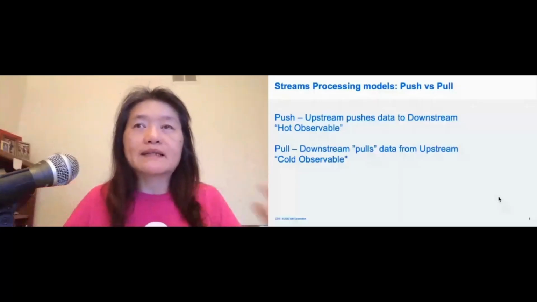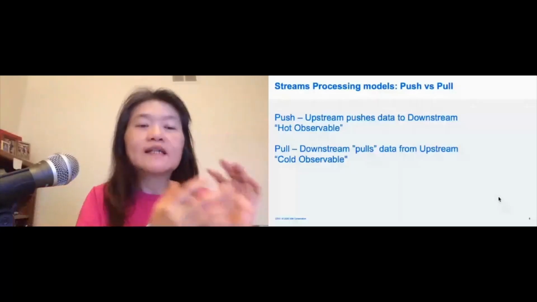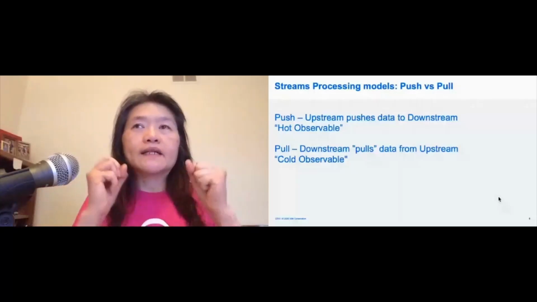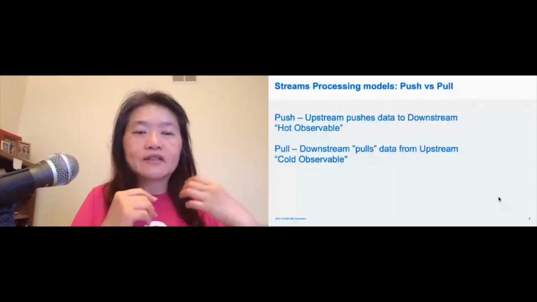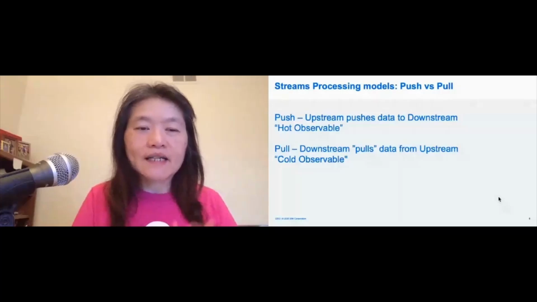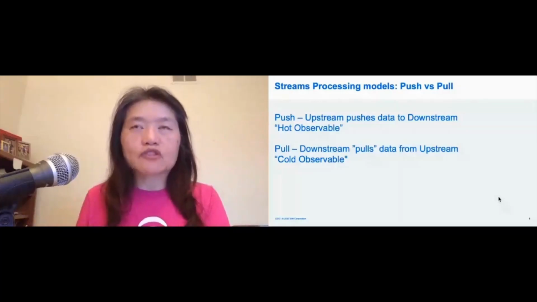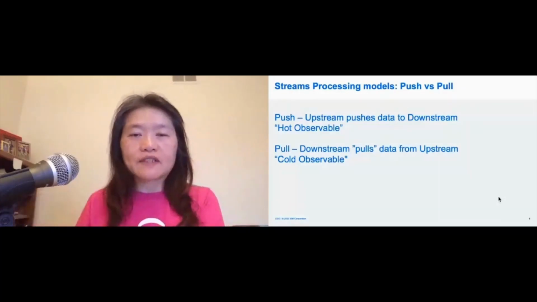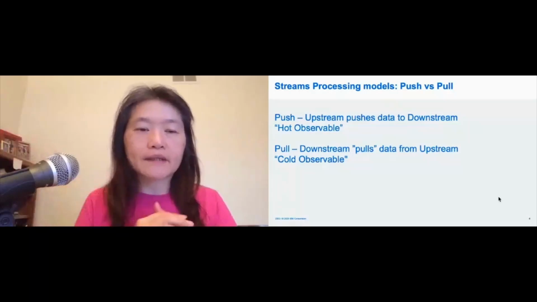It's more like it's emitting data. Your source has some data and actively gives it out, broadcasting it, sending it out. Basically upstream pushes data to downstream. The producer produces data and gives it to the consumer on the downstream side.